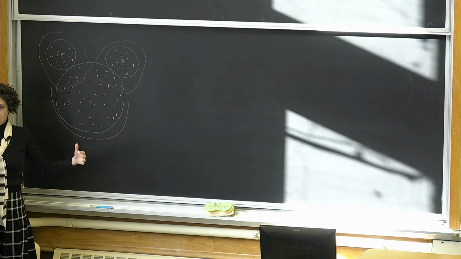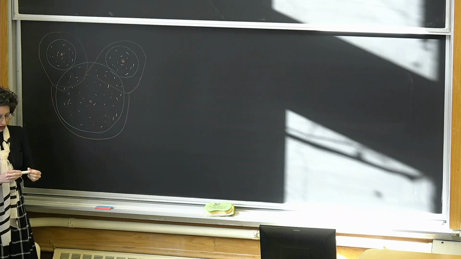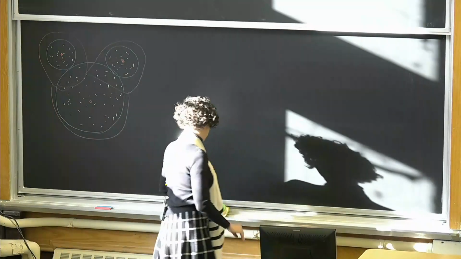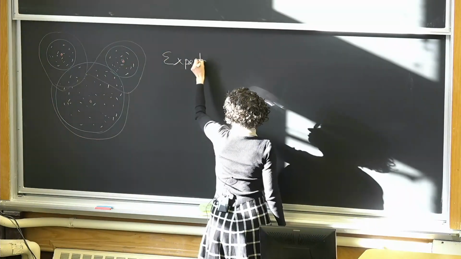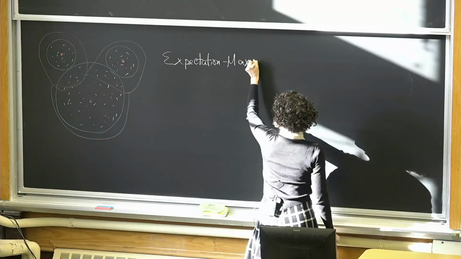And so today we are going to look at an alternative to k-means. There are many different clustering algorithms out there, like we've discussed. But the one that I want to focus on today is the expectation maximization algorithm.